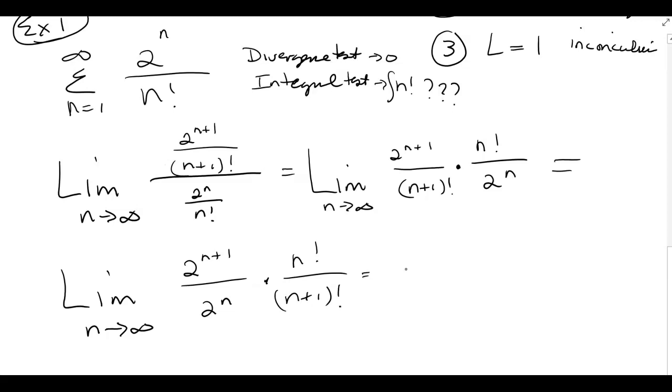Again, we haven't taken a limit yet, but we're going to certainly reduce it. So what is this going to give me the limit of? Well, you have the same base in the twos. You do exponent numerator minus exponent denominator. So n plus 1 minus n is simply 1. So that's just 2.